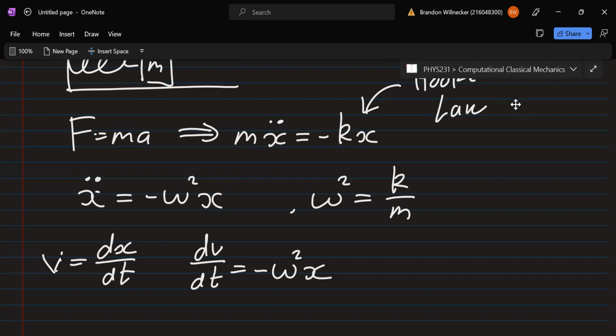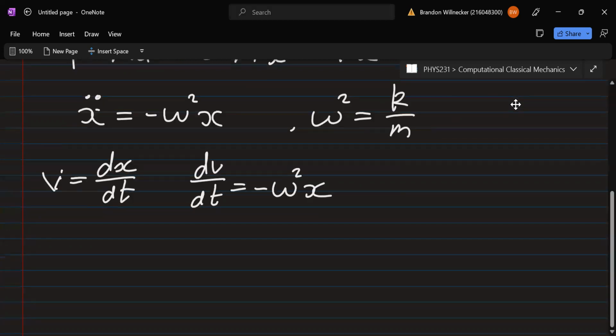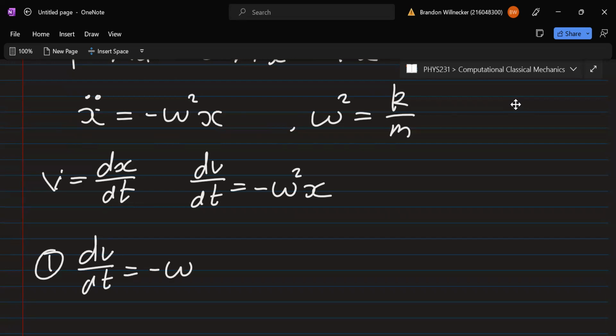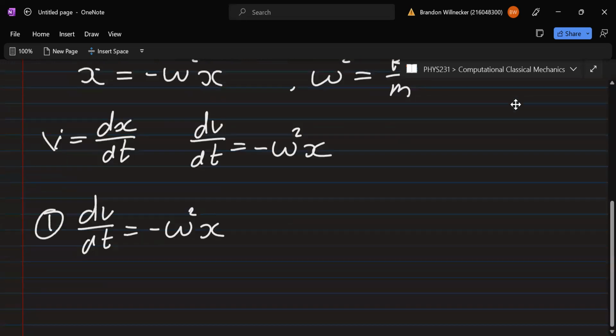Okay, so we have our two first order differential equations. One of them dv by dt, and the other one dx by dt, where that one is just by definition. You don't have to work anything out for that. Okay, so let's just list them here. Number one, dv by dt is minus omega squared x.